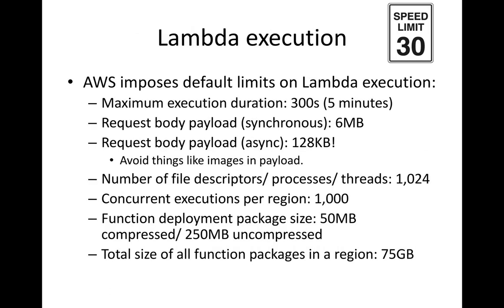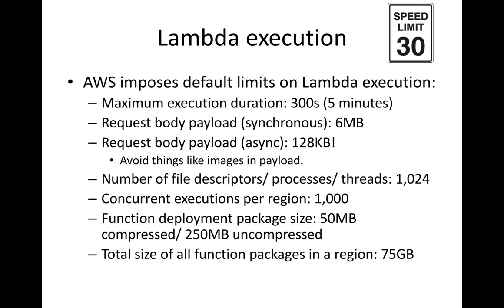When you execute a Lambda function, you have to be aware of all the default limits that AWS imposes on that execution. This slide is actually slightly out of date because today the maximum execution duration is now 15 minutes.